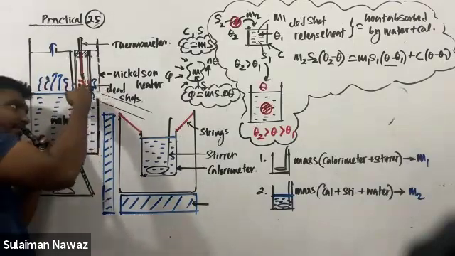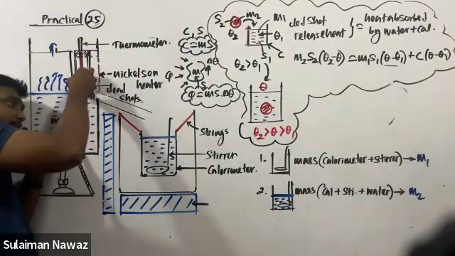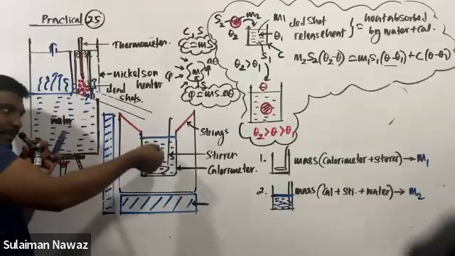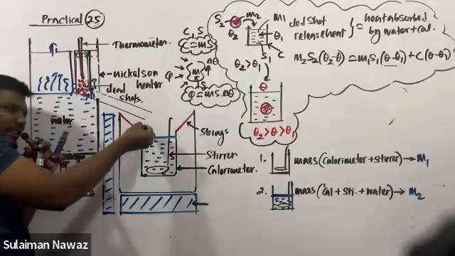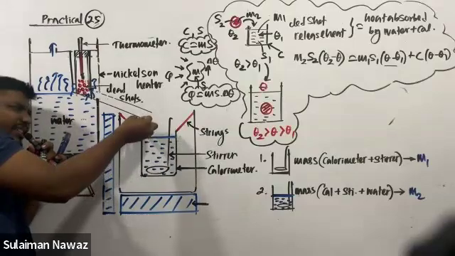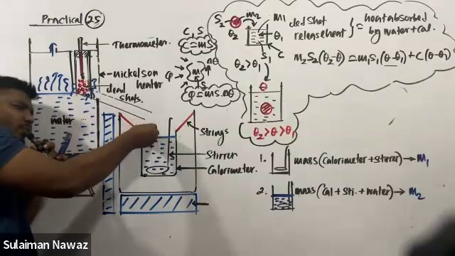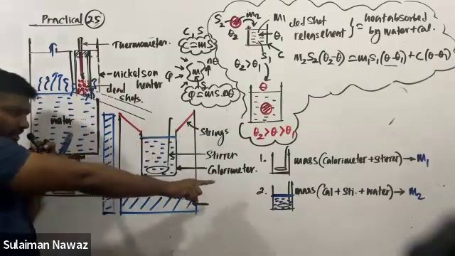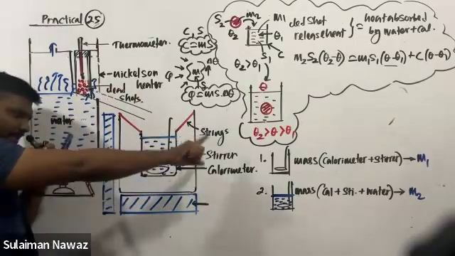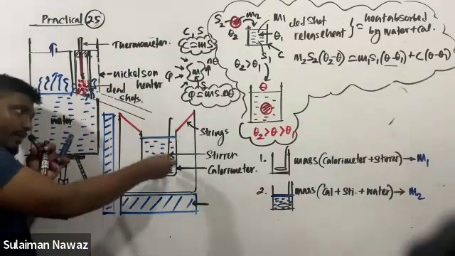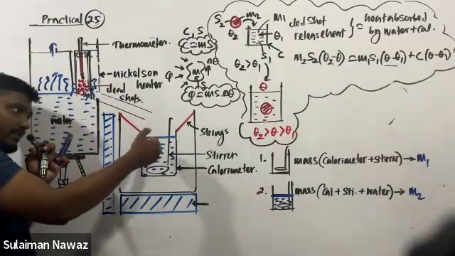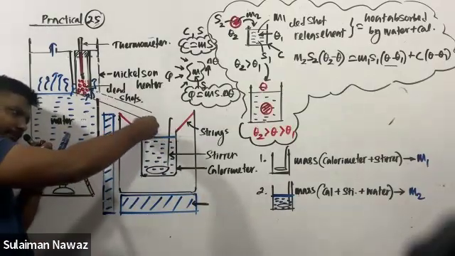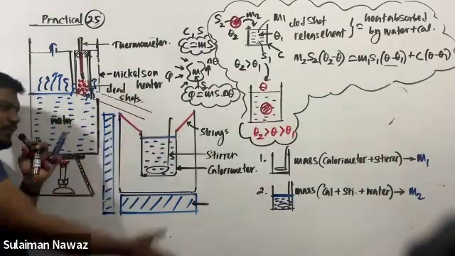When you put those lead shots into the calorimeter, some amount of water mass also gets into it. So you measure the mass of the water as M2 minus M1, but the actual mass of the water is greater than M2 minus M1 because of the water coming along with the lead shots.